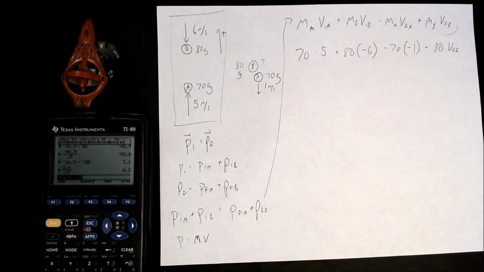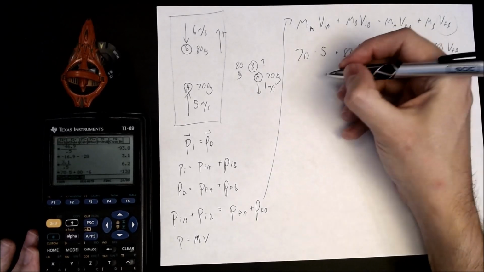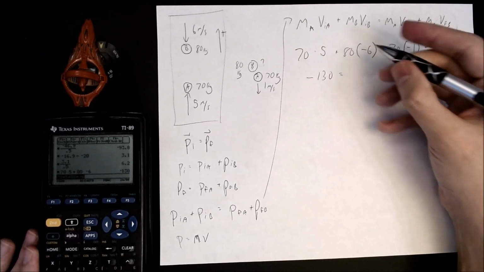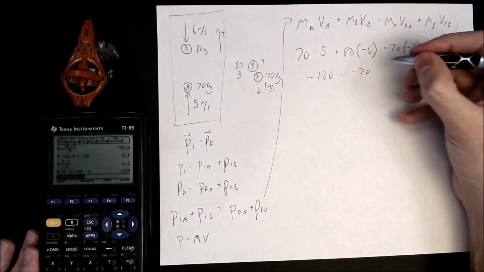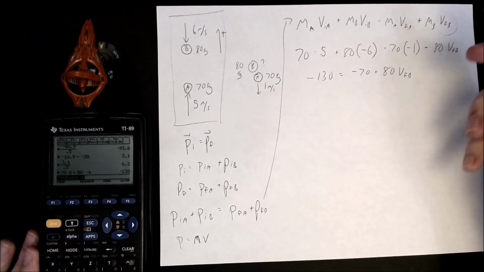We can start plugging these things in. 70 times 5 plus 80 times negative 6 is going to be negative 130, and that's going to equal negative 70 plus 80 times v final Bruce.